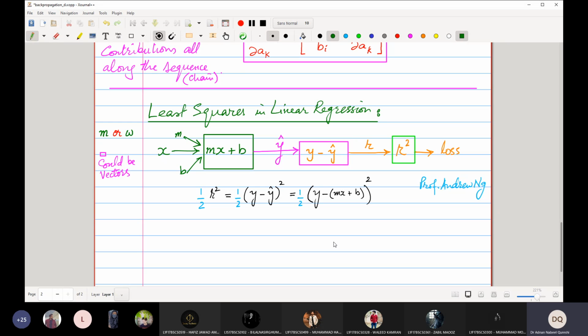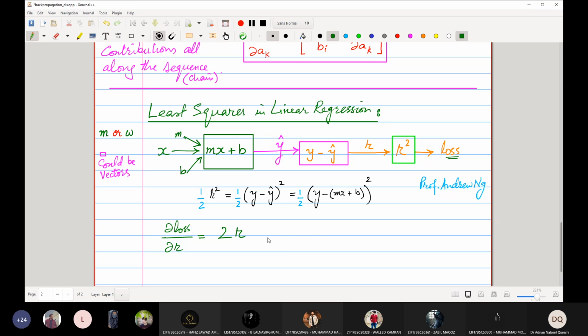We have to see the partial of the loss with respect to r, and that is r squared. So when we take the derivative of r squared, 2 idhar aa jayega, it will be simply 2 into r.